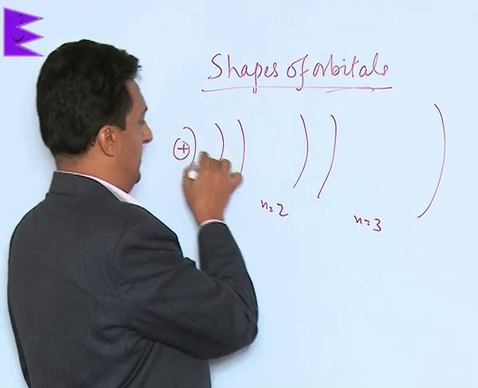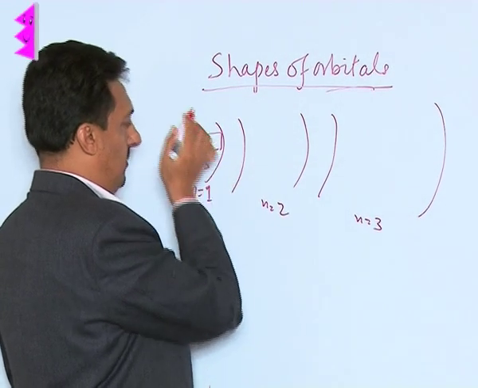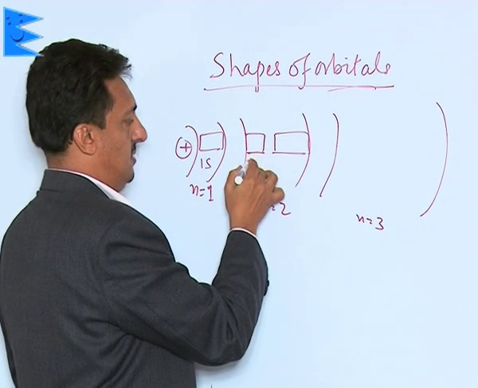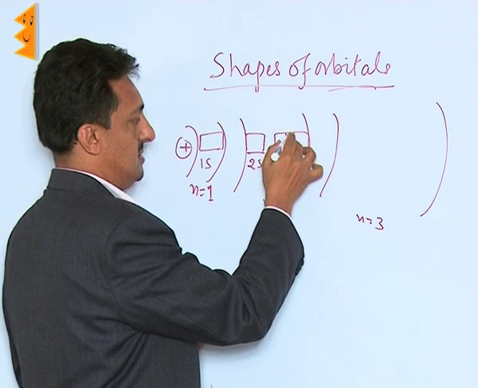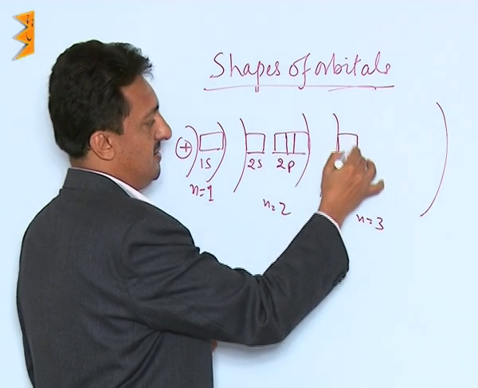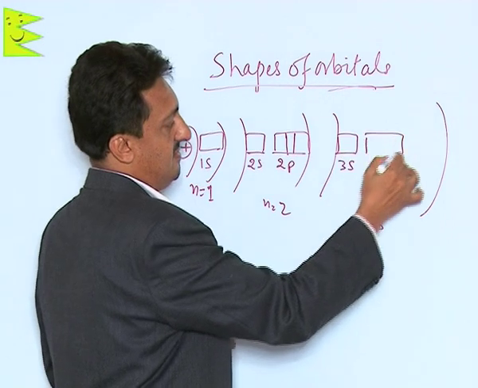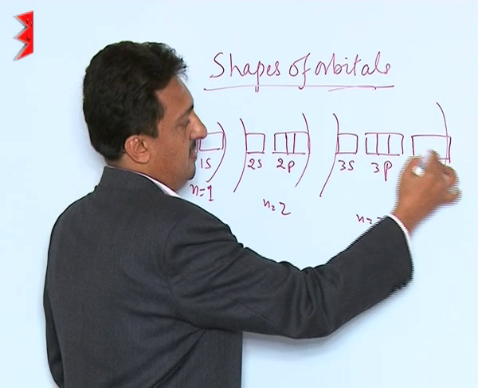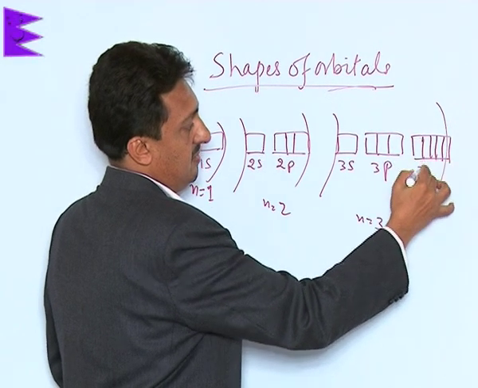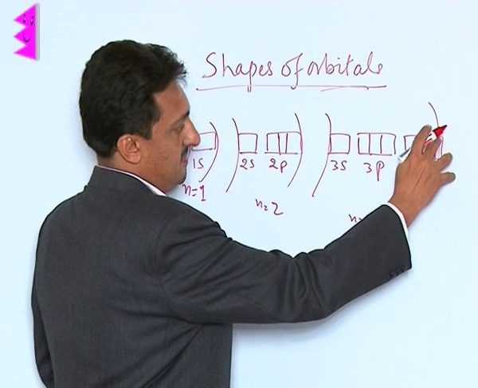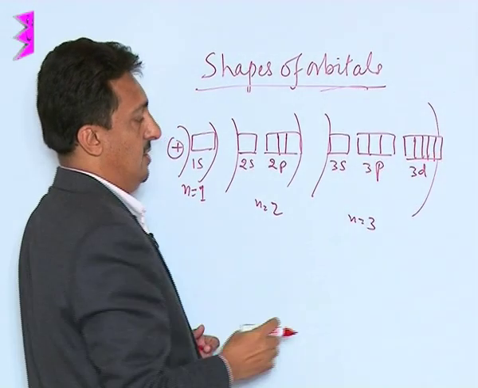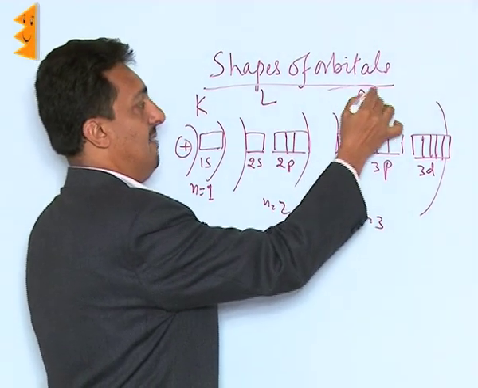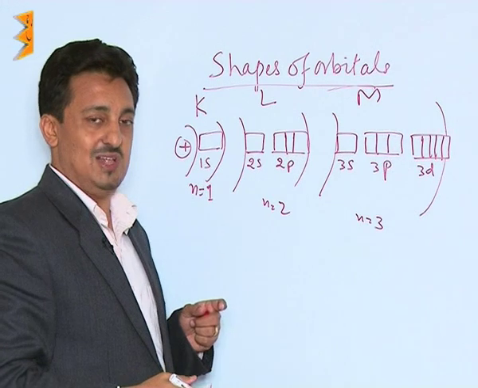The first orbit has only 1s, the second orbit has 2s and 2p, and the third orbit has 3s, 3p and 3d. This is what used to be called K, L, M and N and so on, the shells or the orbits.